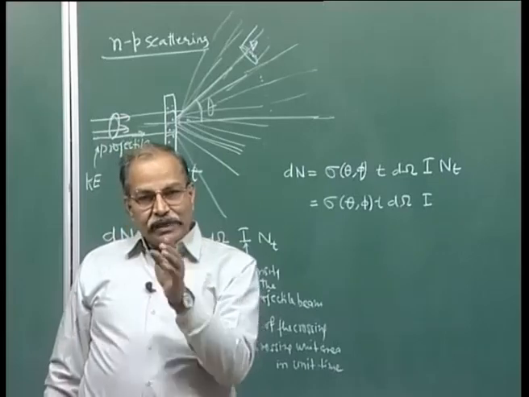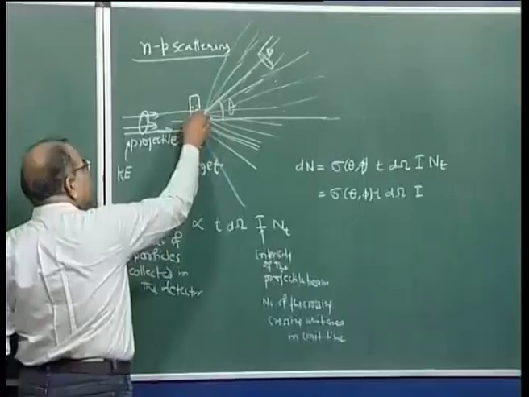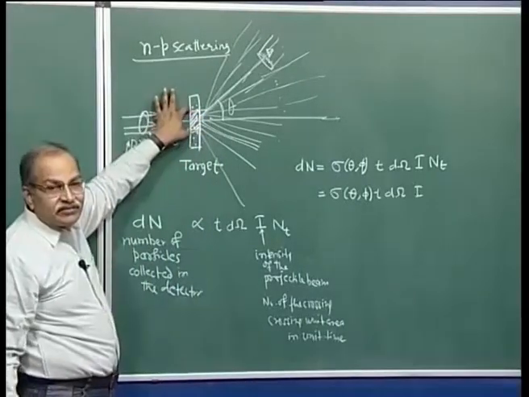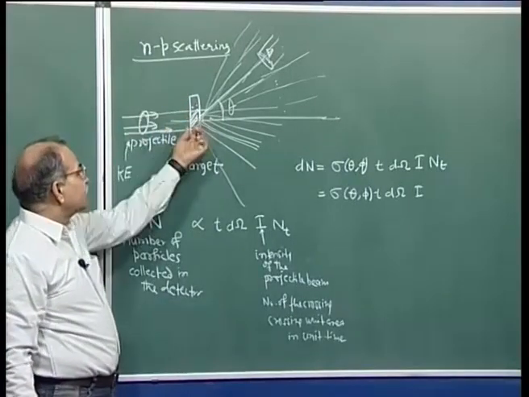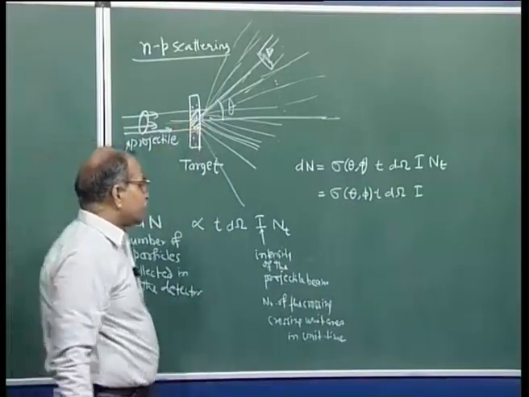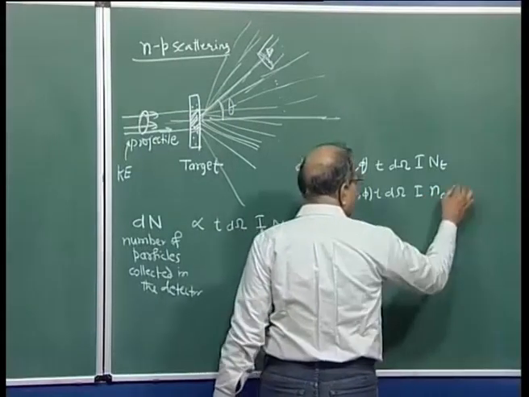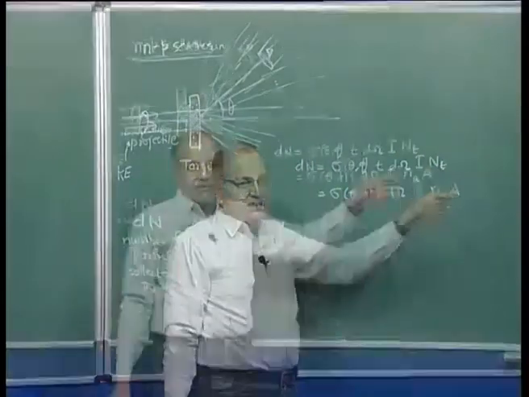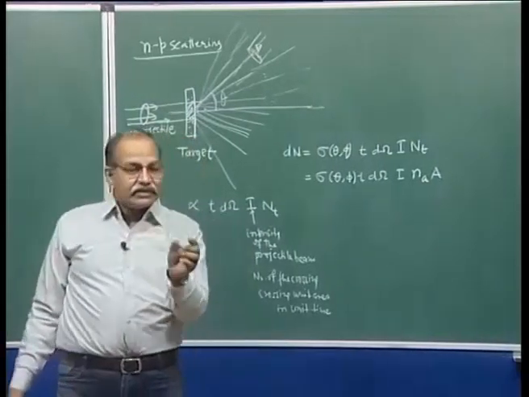Areal density means in this entire target how many particles are here divided by this area. It is the actual density into thickness. So, areal density into area, N A. This is the number of target particles. So, it depends on the density in the target and the thickness.